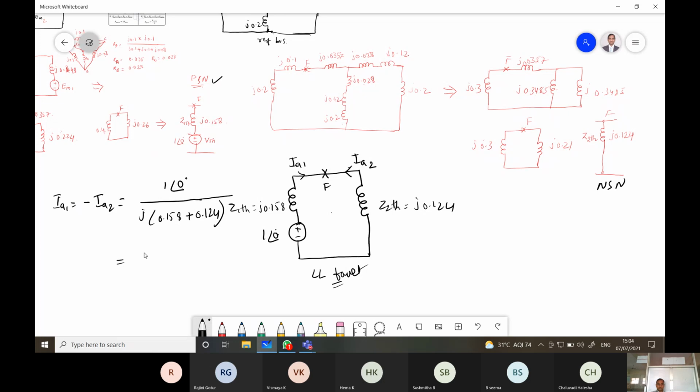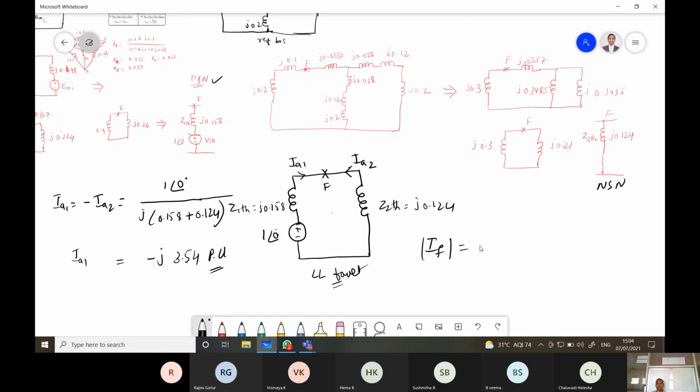So calculate this. IA1 we will get minus J 3.54 per unit. So in case of double line fault, what is the fault current IF?